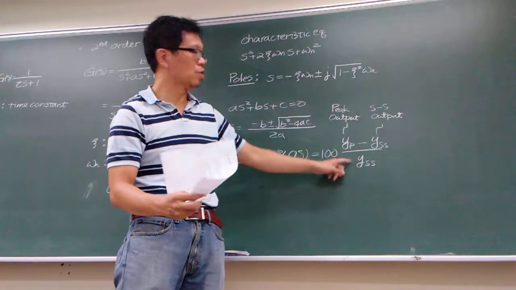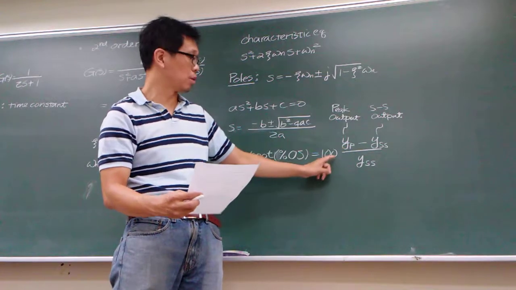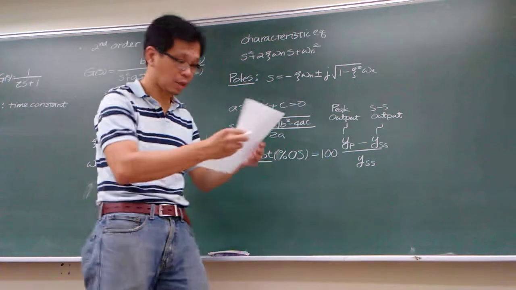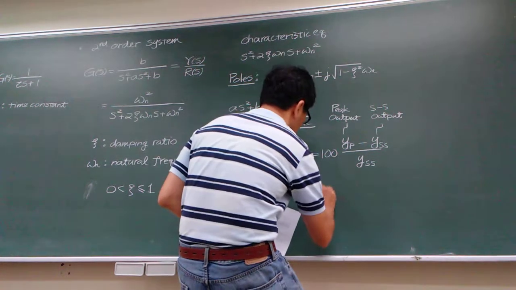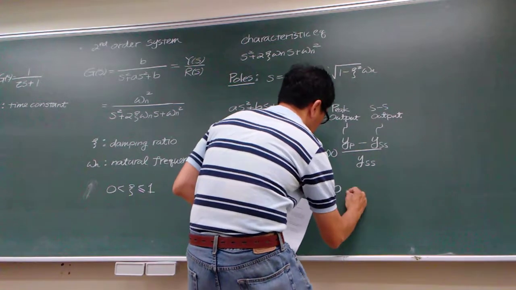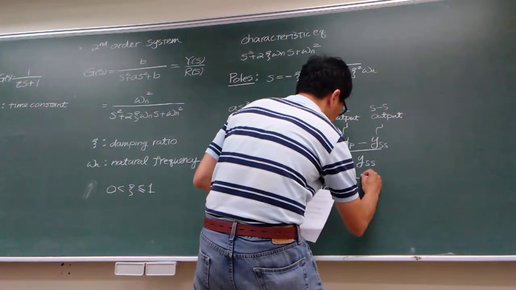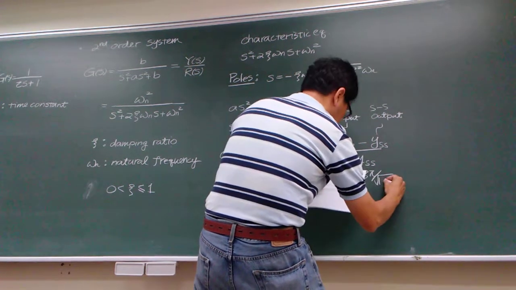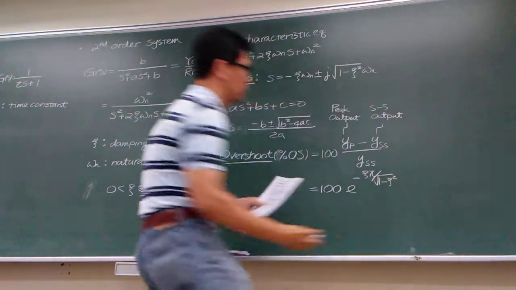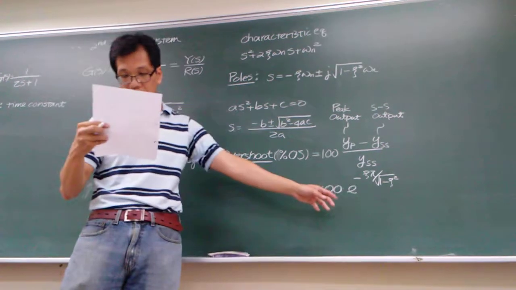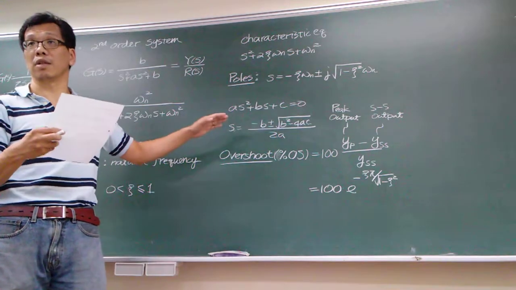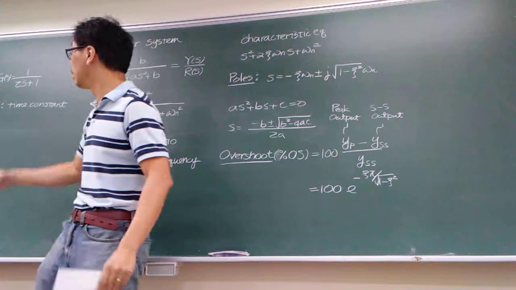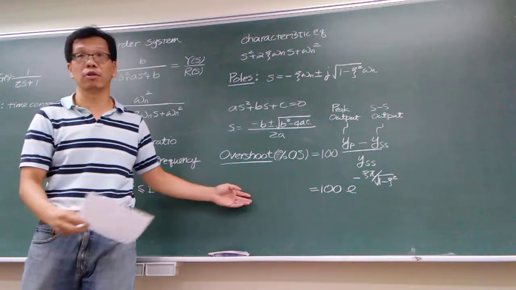So if we get this, it is a percentage because I multiply everything by 100. Eventually what we're going to get is an exponential, something like this. I know so far this doesn't make sense to you, but if I put everything in this format, you're going to understand what I'm talking about.